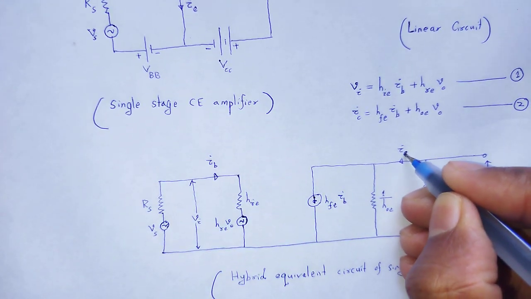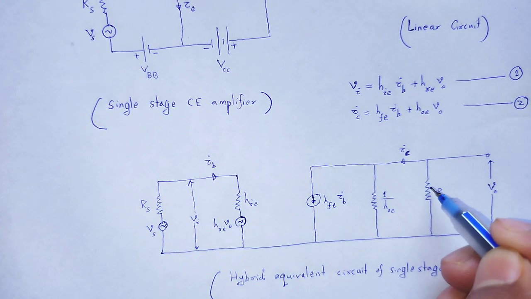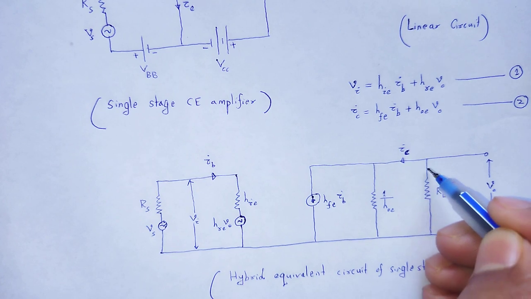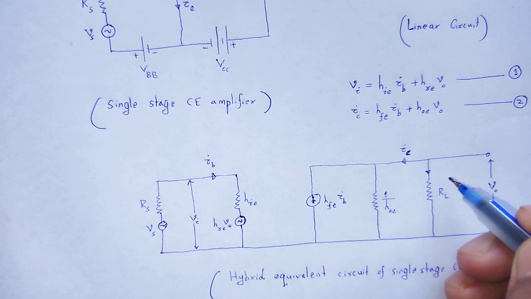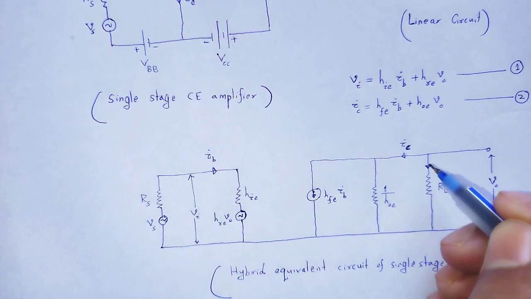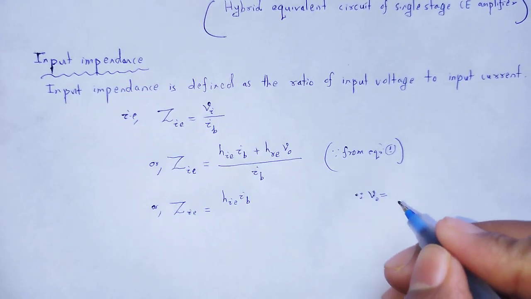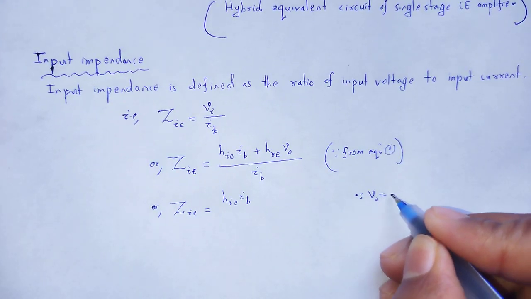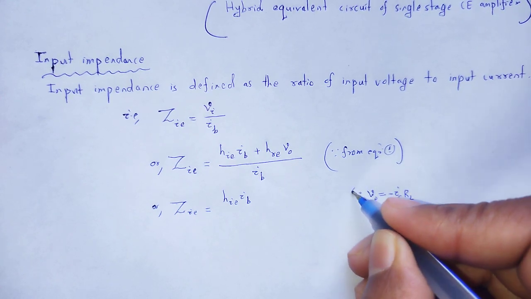The current along RL is the collector current IC, negative of IC, so the voltage drop across RL is equal to minus IC RL. VO, the output voltage, is minus IC RL.